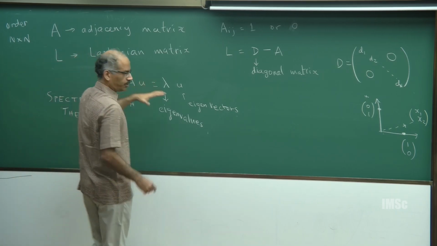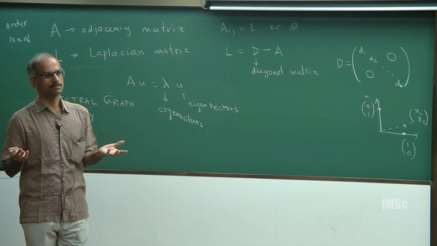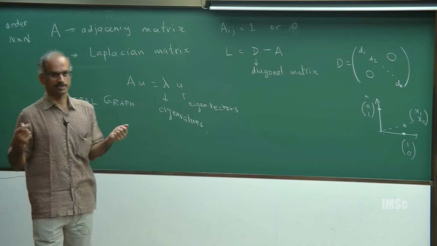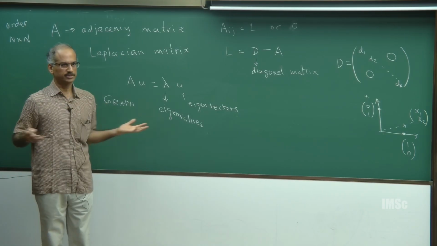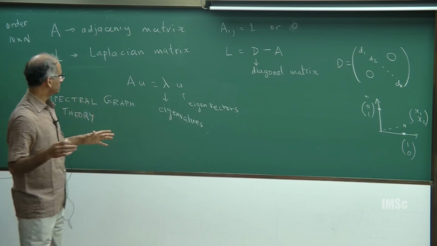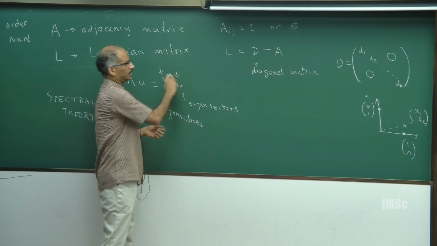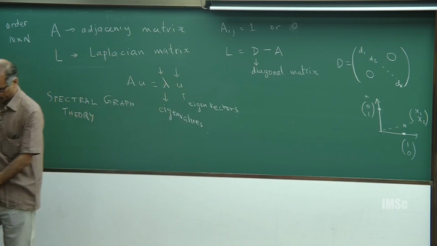You may want to know about the static structural properties of the network or extract even dynamical properties, in the sense of if some dynamics is running on the network, could be coupled oscillators or all kinds of other things. What more can you say about examining these eigenvalues and eigenvectors?